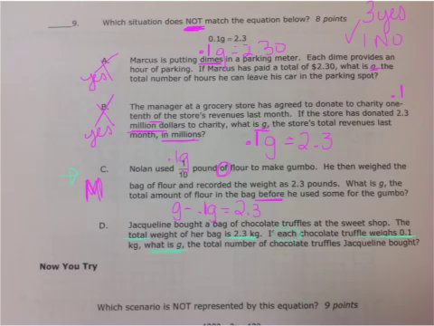That means that that's probably going to be a multiplication problem. So we have 0.1 times the number of truffles, G, needs to equal a total of 2.3. And I look up, that matches my problem, so it's not going to be D, so I'm going to go with C. Now you try.